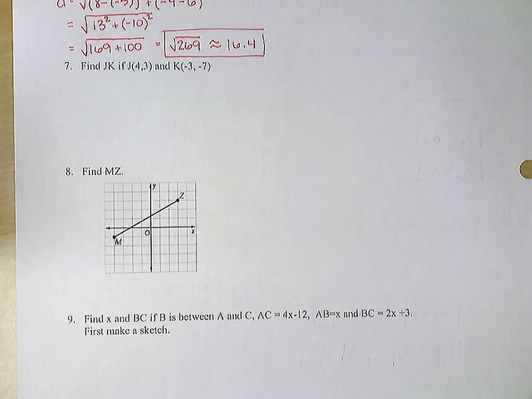Okay. Questions on number 7? Can I erase? Anyways, I can move on to number 8. Number 8 is very similar to what we just did, except this time you're given a graph.